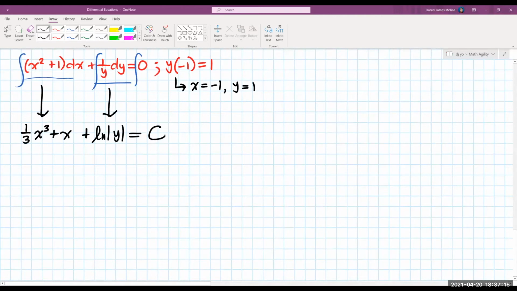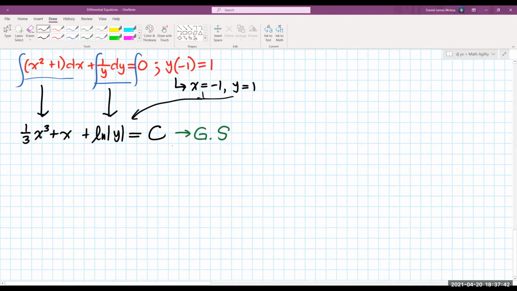And of course, the right hand side is our arbitrary constant c. So actually, this is our general solution. But since we have an initial condition, we have to substitute our initial condition to our general solution so that it will yield a particular solution.